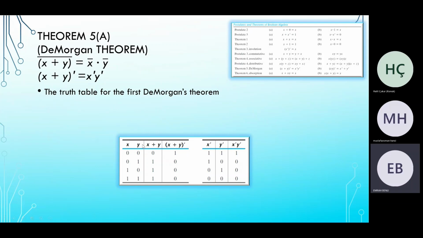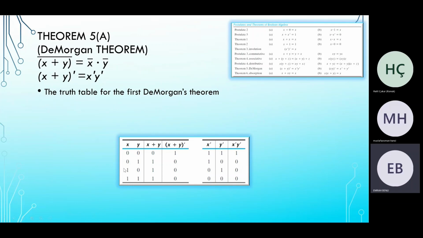So we have x and y. As I said, we write it in this form: 0, 1, 0, 1. And the second one, 0, 0, 1, 1. So they are in order, 0, 1, 2, and 3. Now let's find x or y. X or y is true when at least one of them is true.